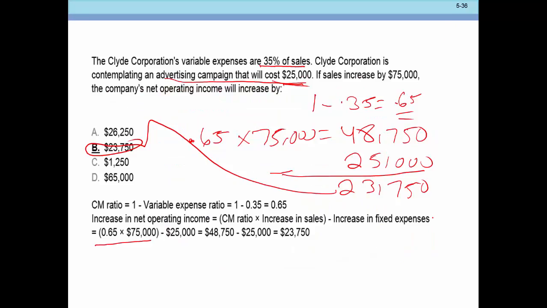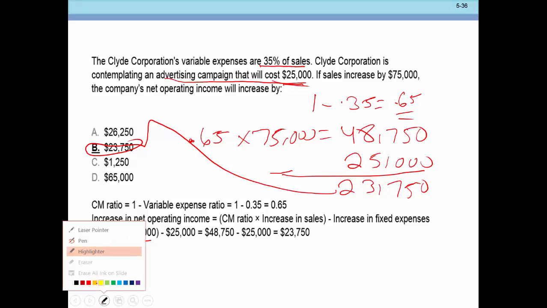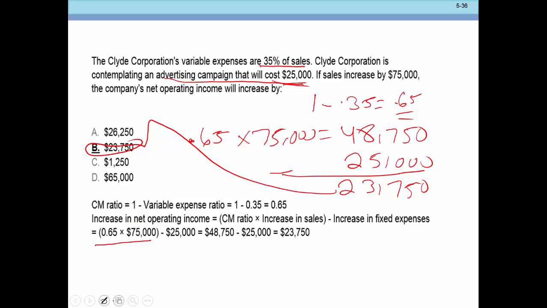Okay, all right, so let's take a look at a couple more problems here. Let's see what we have where we are looking at our variable expense ratio, and we take 1 minus that, doesn't that give me my contribution margin ratio?